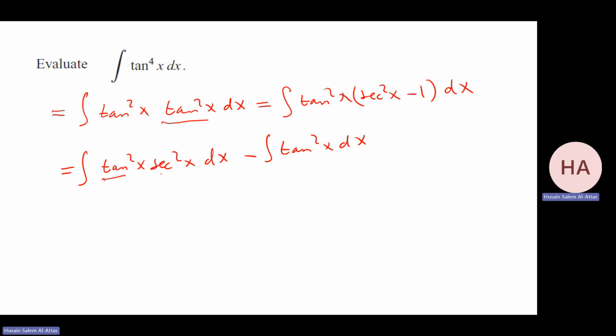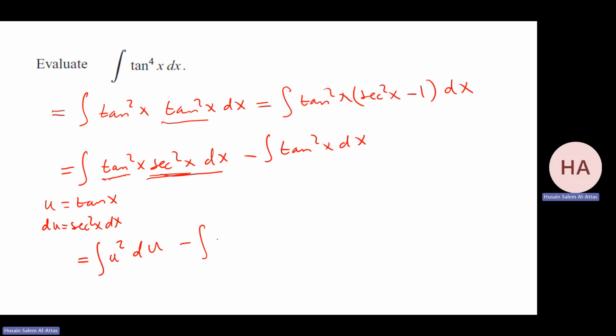This one, since the power of secant is even, u equals tan x, du equals secant squared x dx. So that will be what? u squared du.